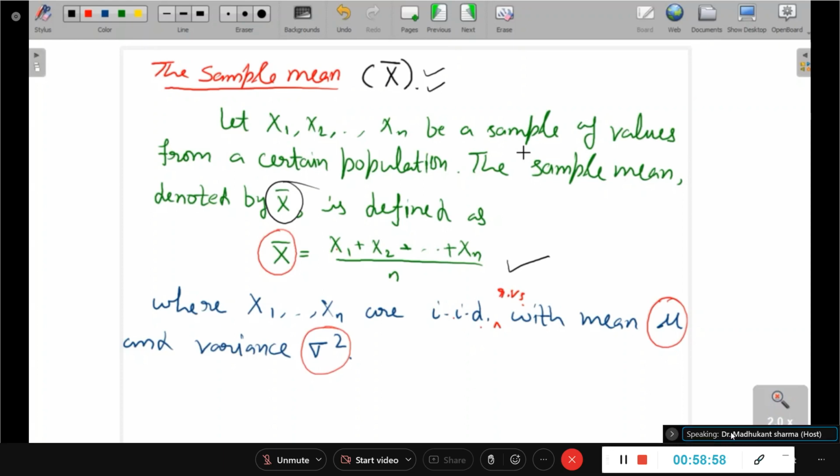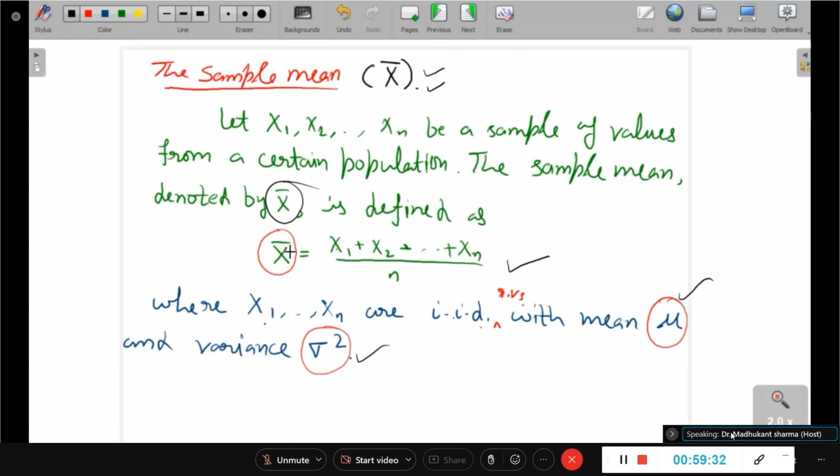So we impose this information here: x1, x2, ..., xn are IID random variables with mean mu and variance sigma square. Now, x bar is another random variable. Can you identify its mean and variance?